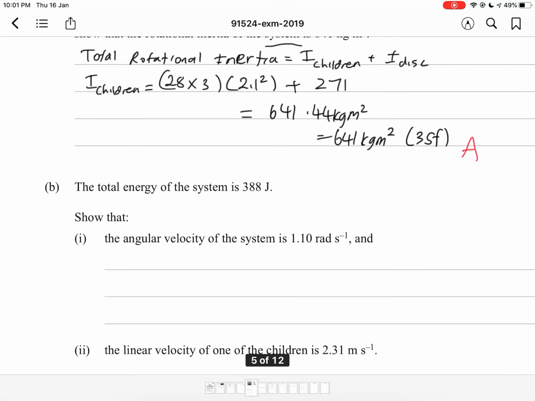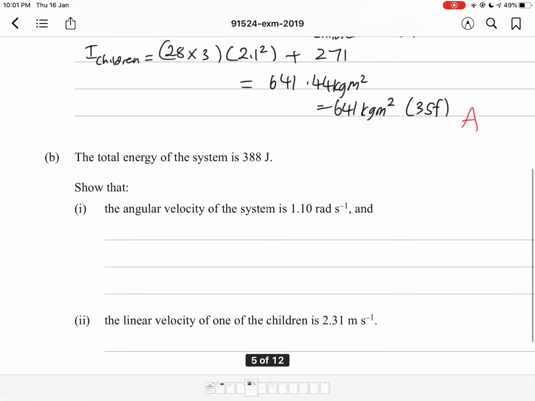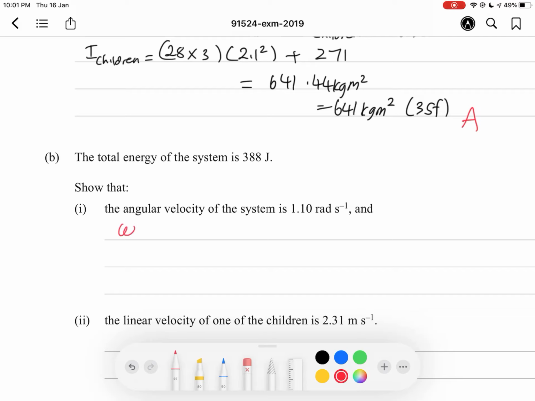Question B. The total energy of the system is 388 joules. Show that the angular velocity of the system is 1.1 radians per second. So we want to show that the angular velocity of the system is 1.1 radians per second.